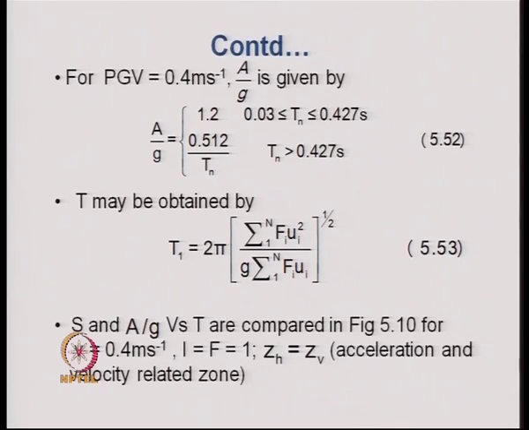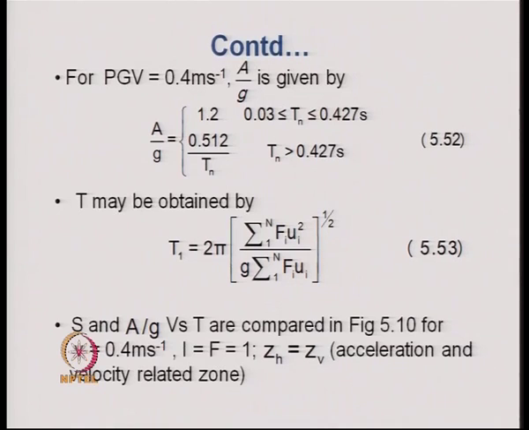For the peak ground velocity of 0.4 meter per second, the A by G, or the spectral acceleration normalized with G, is given by equation 5.52.